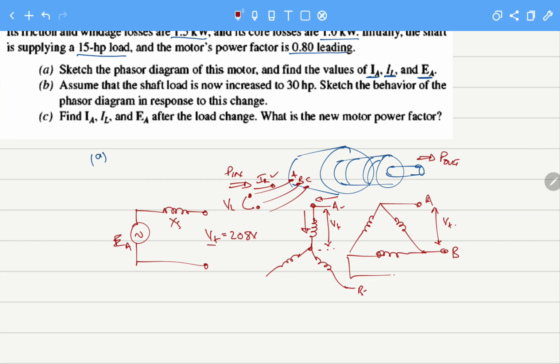But when we look into a delta machine, the line current is not the phase current. We must know this thing. So for the armature current that we have to find out, we have to convert the line current to its per phase equivalent. That's the difference between a Y connected machine and a delta connected machine.